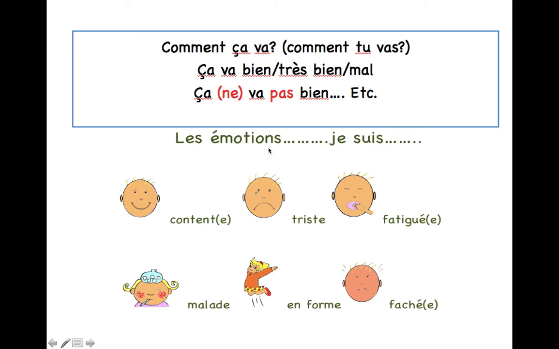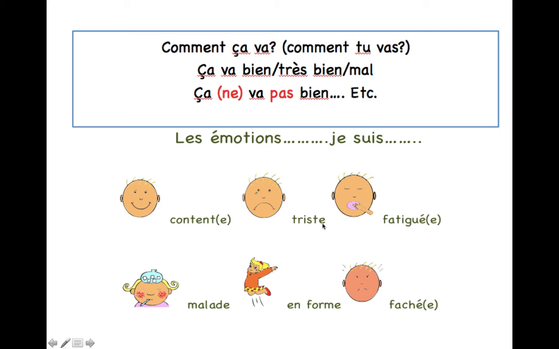So, les émotions, je suis, I am, and these are the various things you can say. So, I think you can guess what the words mean by looking at the cartoons. So, I'll read each phrase using je suis. Je suis content. If I'm a girl, which I am, I would say je suis contente.